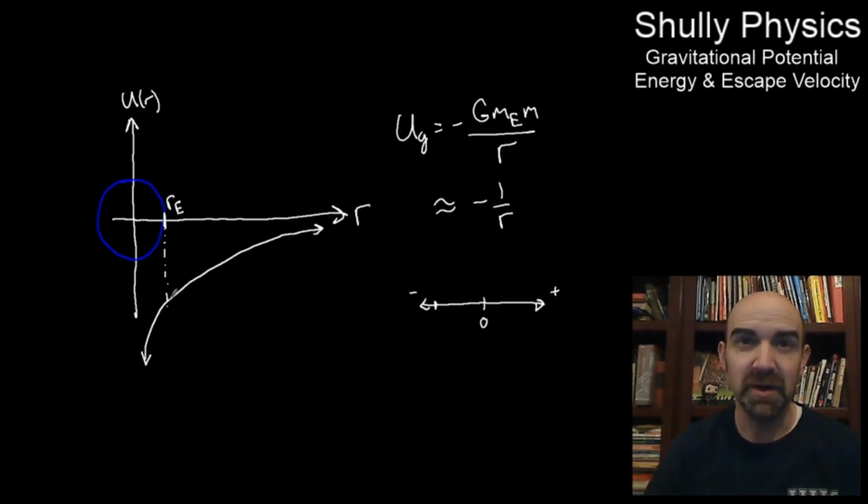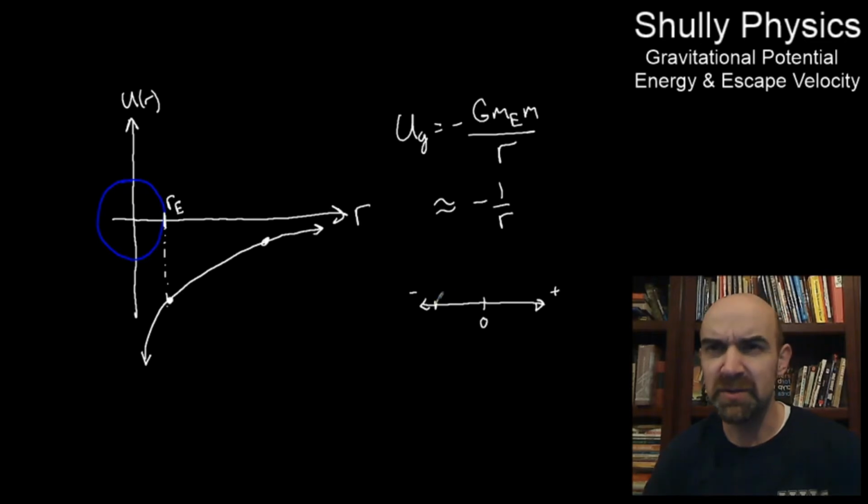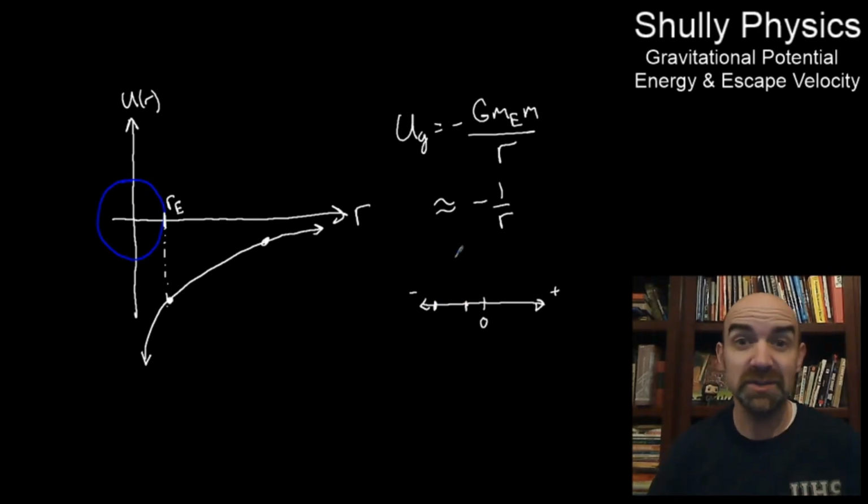We're going from a large negative number to a small negative number. So a large negative is here, a smaller negative is here. What kind of change is that? That's a positive change. We're going from a larger negative to a smaller negative. That's a positive change.